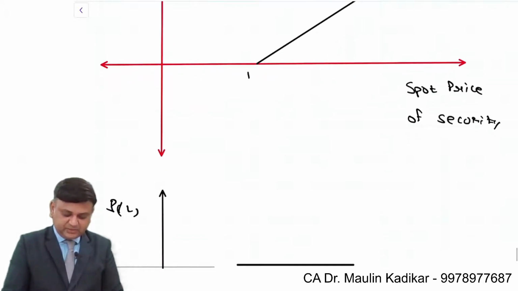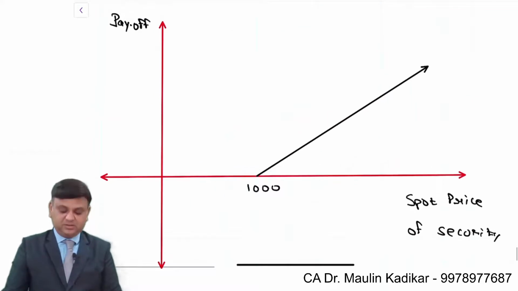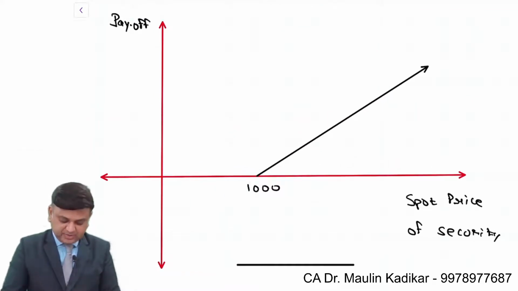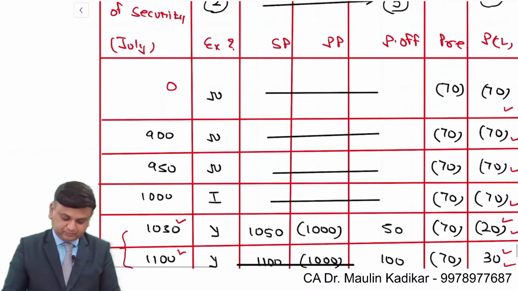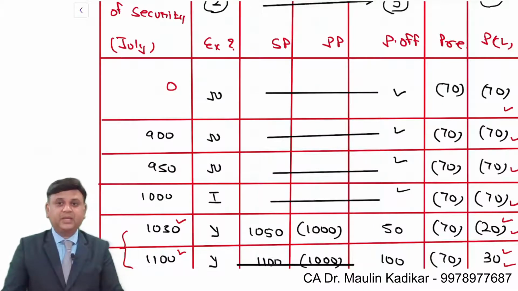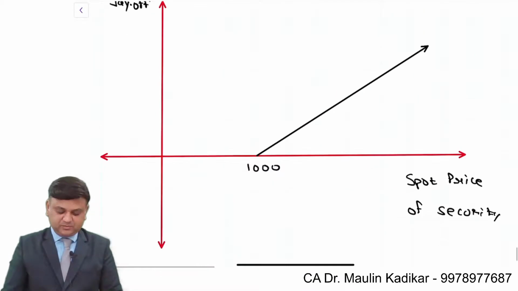Till the time the spot price of the security is 1000, the option is not exercised, so the payoff is 0. When the price goes beyond 1000, the payoff becomes positive.